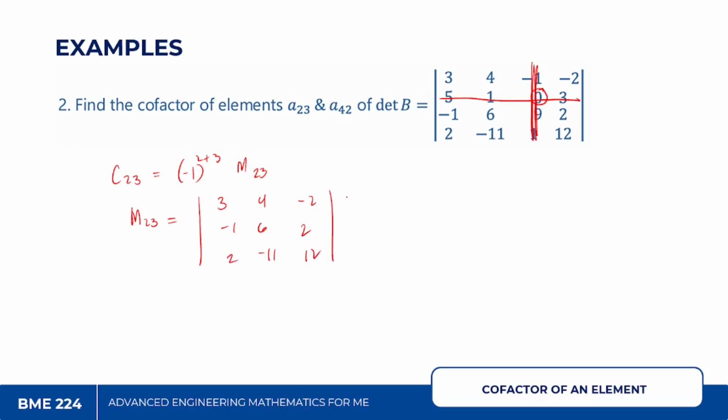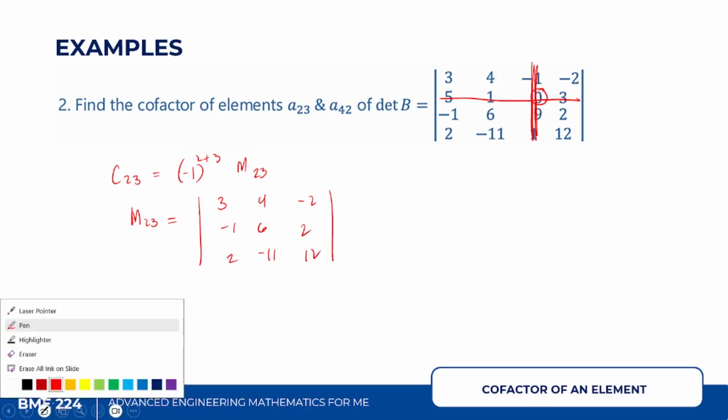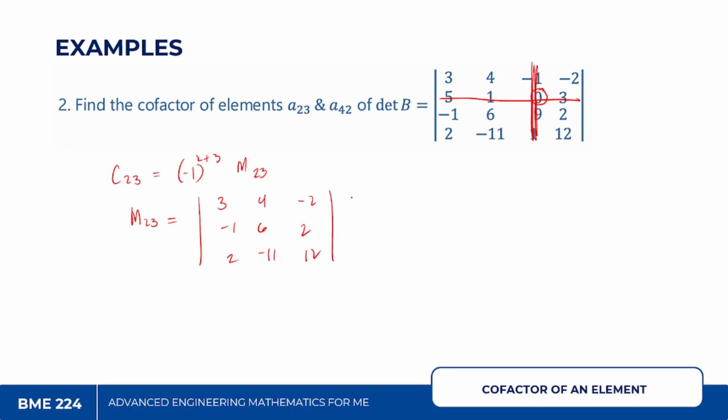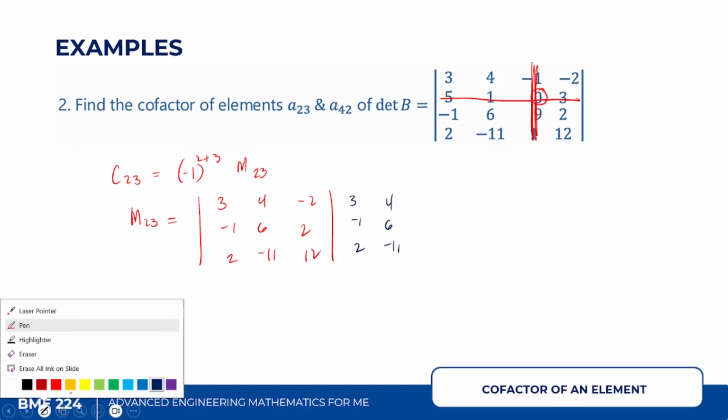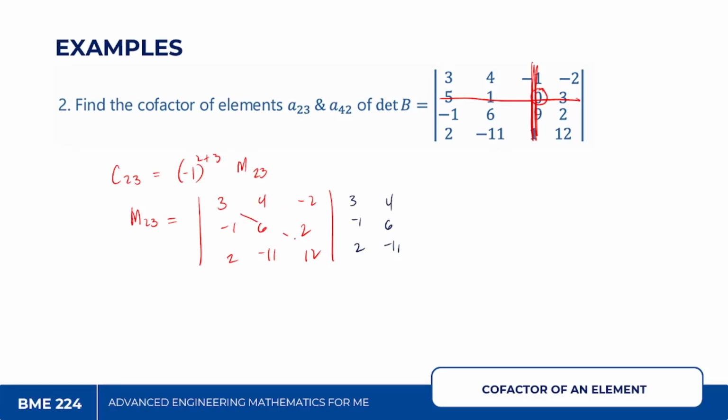Okay, again, kapag may 3 by 3, balik natin yung first two columns. So, that is 3, negative 1, 2, 4, 6, negative 11. And then, okay, proceed na tayo sa basket method. Multiply mo yan. Ito din, tsaka ito. Okay, sige, kunin natin yung calculator ha.